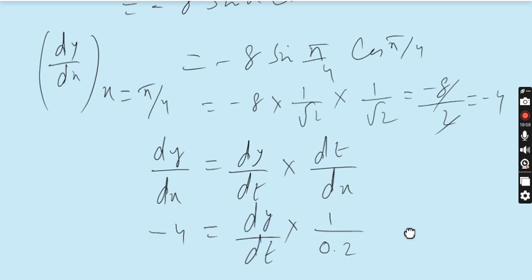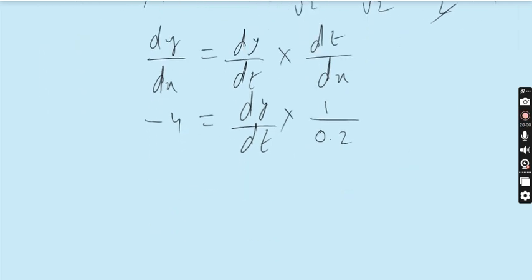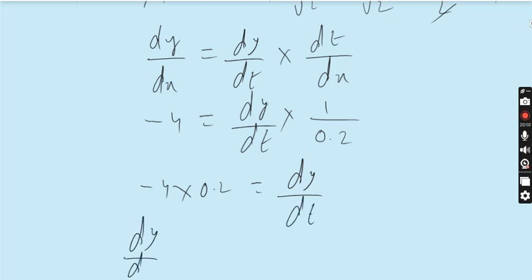Hence this 0.2 is divided over here, so it should multiply: 0.2 into dy by dt. Minus 4 into 0.2 is minus 8 radians per second. This is our final answer.